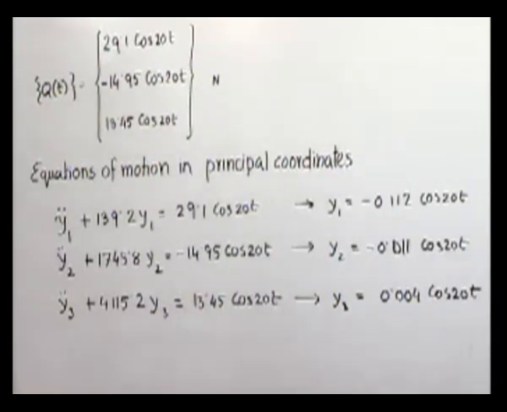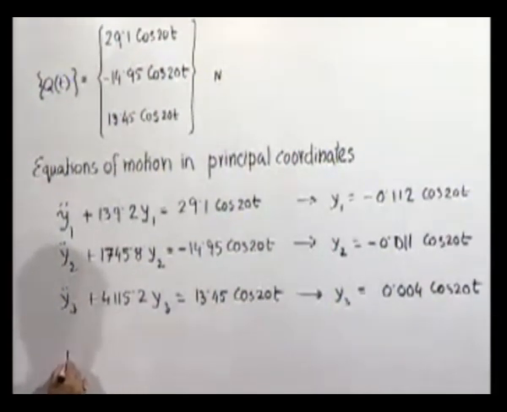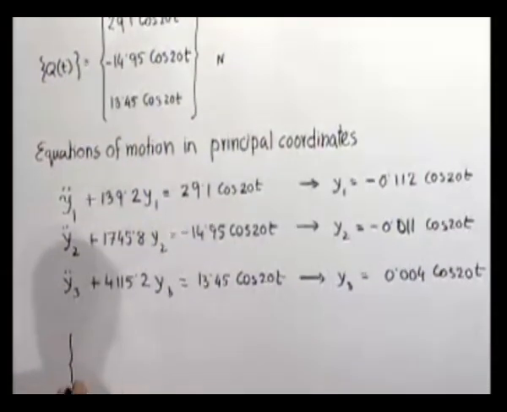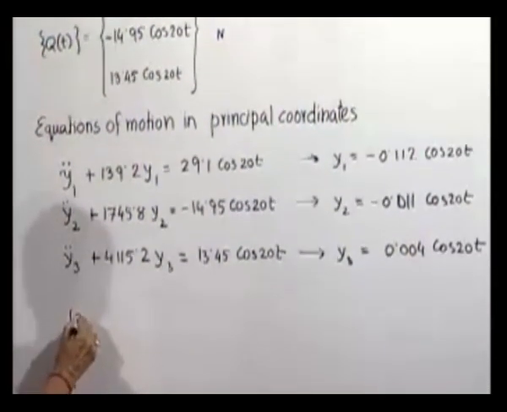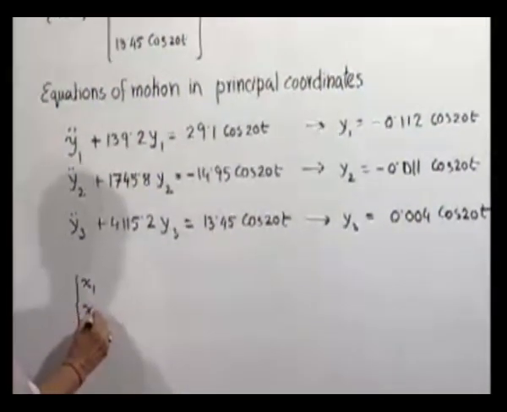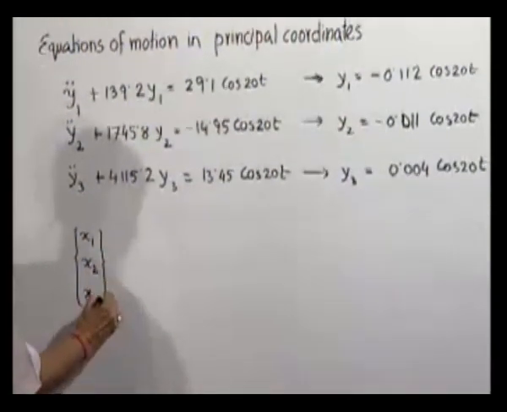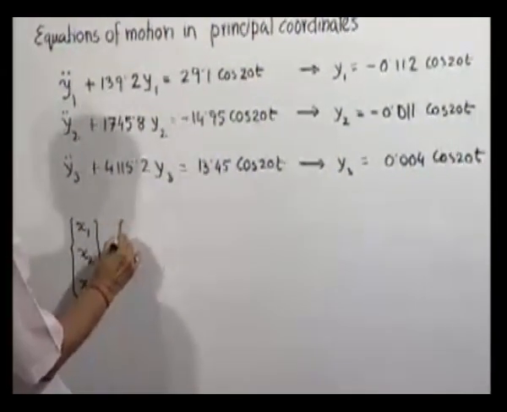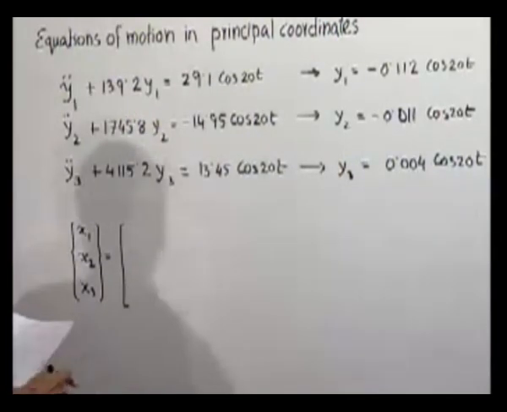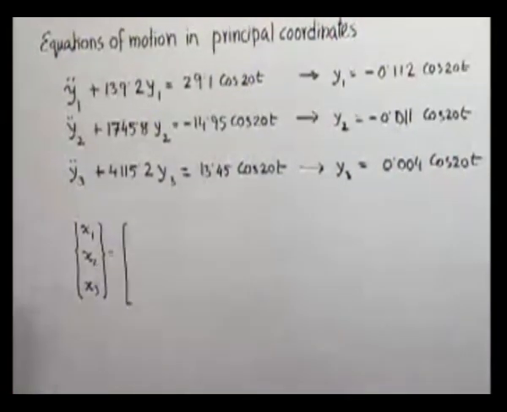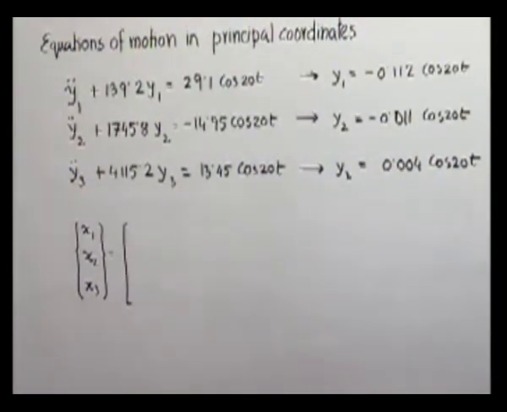Now, once we get this y, therefore x will become, you have to pre-multiply y by the modal matrix.